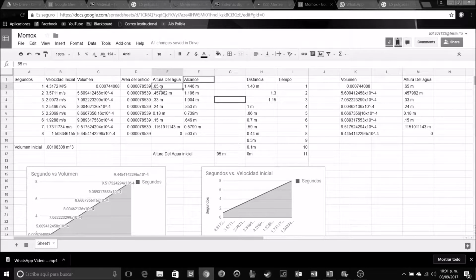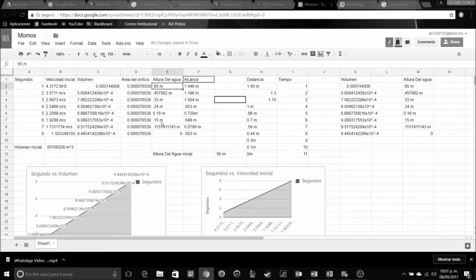This is the height of the water. So at second 1, the height of the water dropped from 0.95 meters to 0.65 meters, and so on with all of this data.